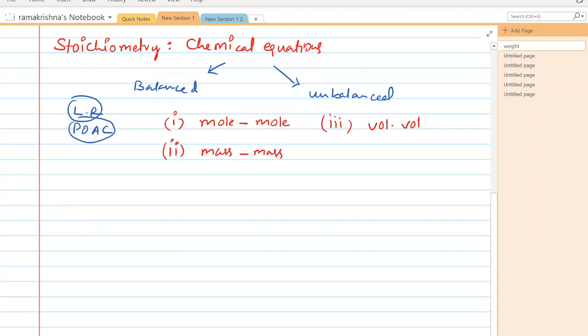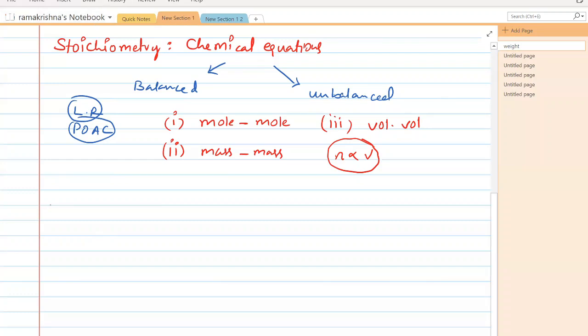Remember one thing: the number of moles is always directly proportional to volume under identical conditions of temperature and pressure. For example, if two reactants are in a 1:3 molar ratio, the volume ratio of those two reactants is also 1:3, only under identical conditions. That is very important.